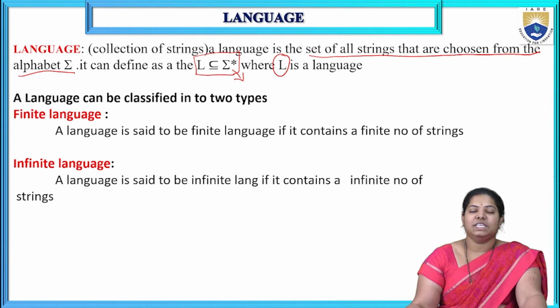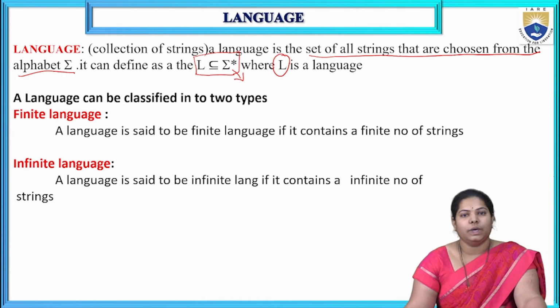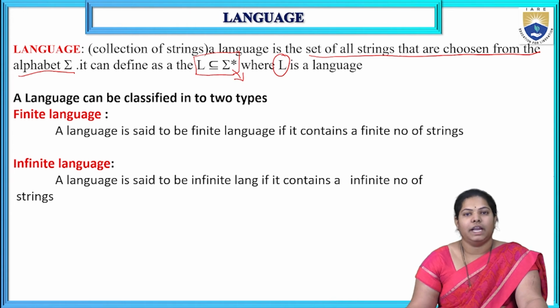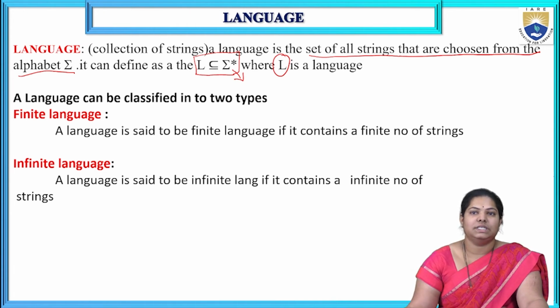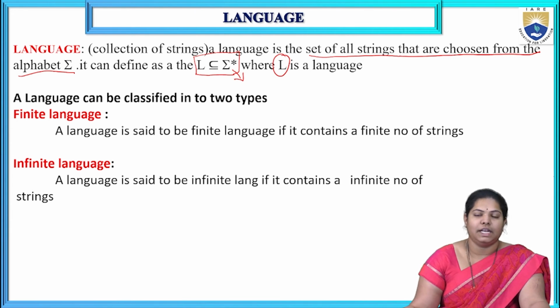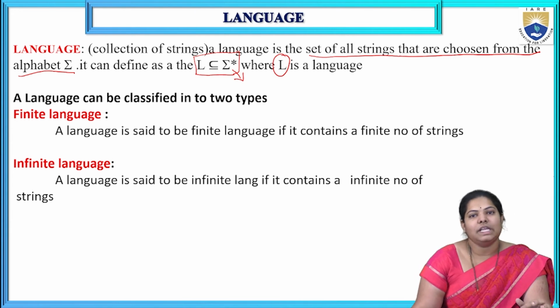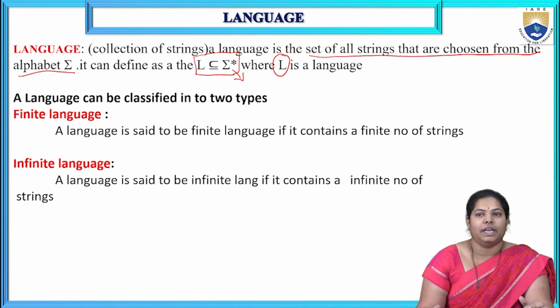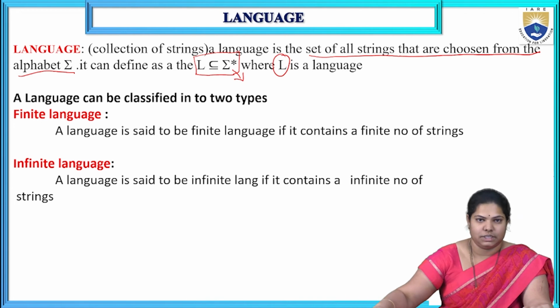A language is classified into two types: a finite language and an infinite language. What is a finite language? A language is said to be finite if it contains a finite number of strings.